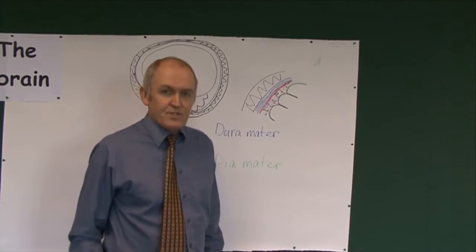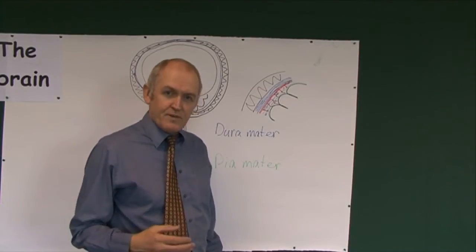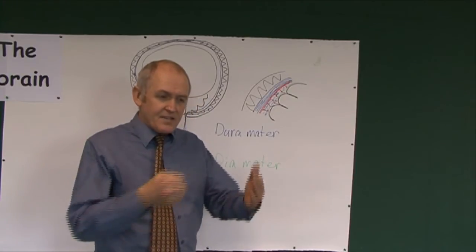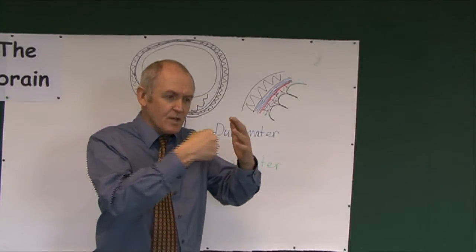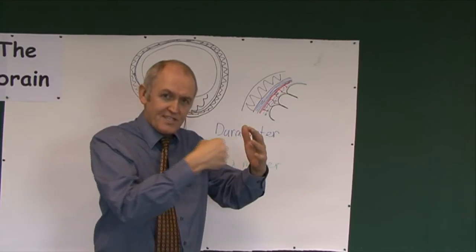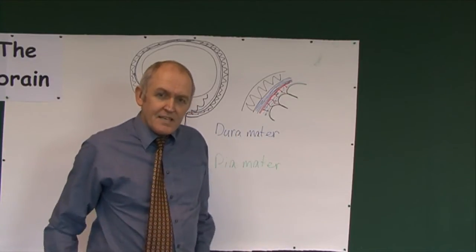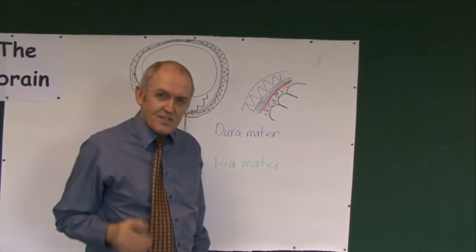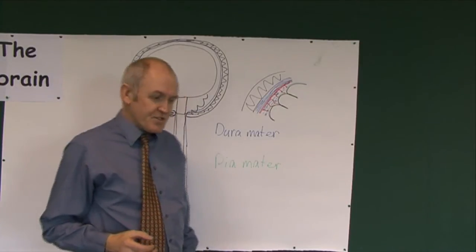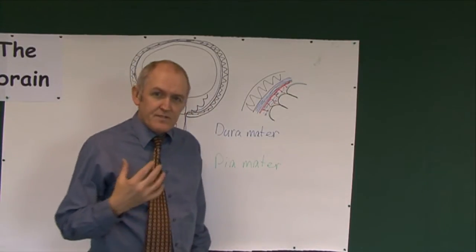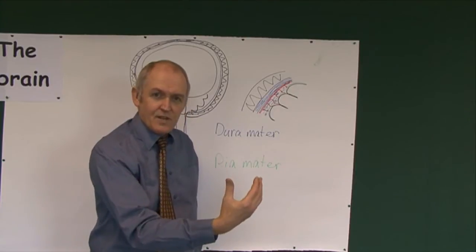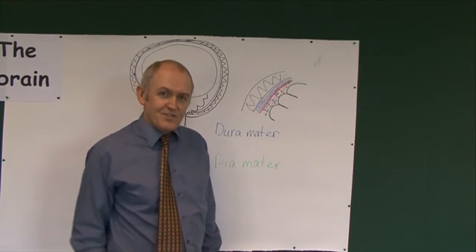So when we bounce around and jump up and down, or there's some minor trauma to the head, the brain doesn't bash on the inside of the skull because the fluid cushions it, it stops it. And it's been estimated that if we had no cerebrospinal fluid, just stepping off the curb would be enough to bash the brain on the inside of the skull and knock us out, causing unconsciousness.